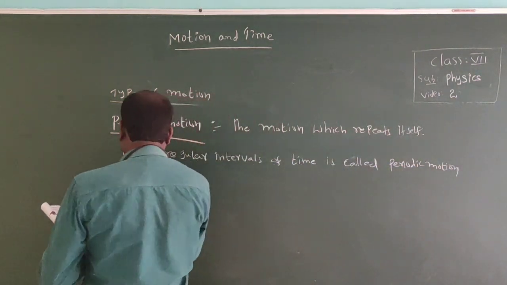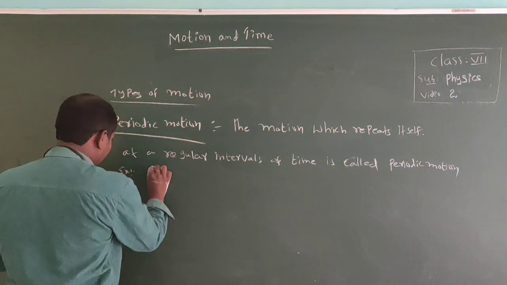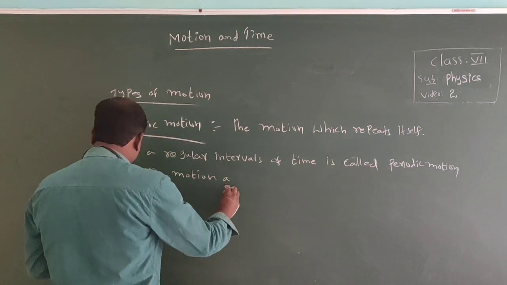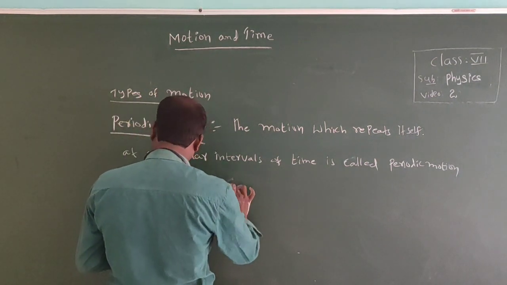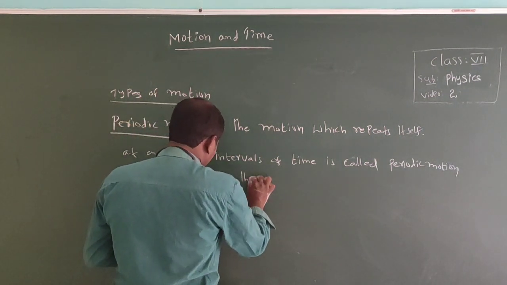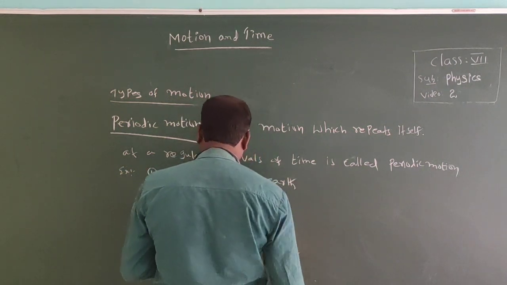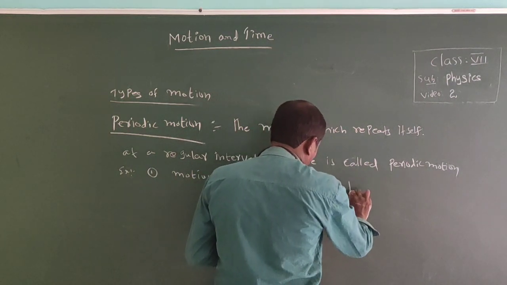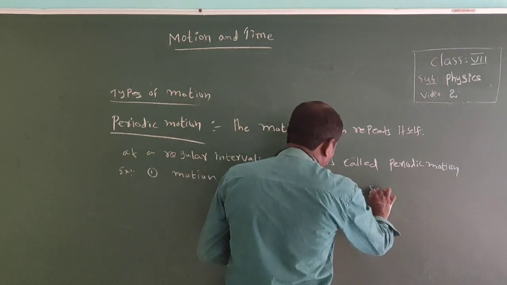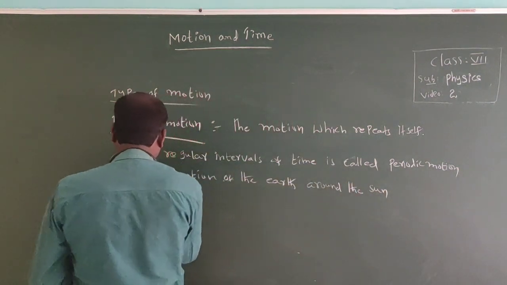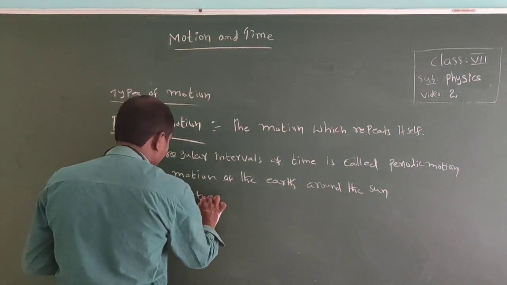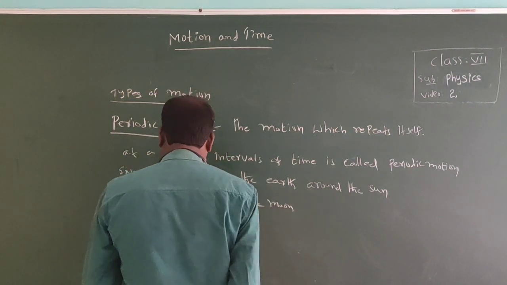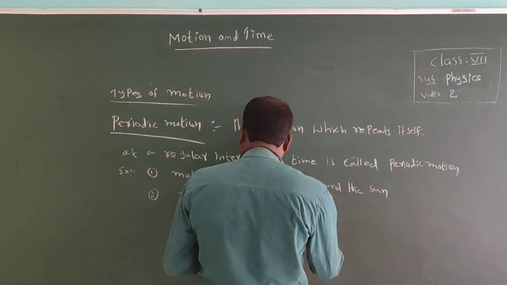Periodic motion. Examples are: first one, the motion of the earth around the sun. Next one, the motion of the moon around the earth.